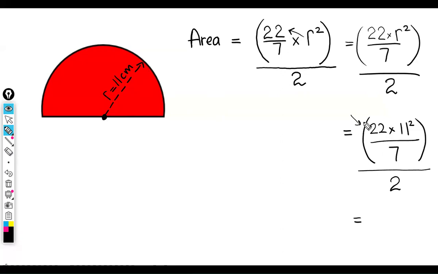22 multiplied by 11 squared divided by 7. When I worked out the part in the brackets, I'm getting 380.29 if I round it off properly. And then I have to divide it by 2. 380.29 divided by 2. And a lot of people got this.